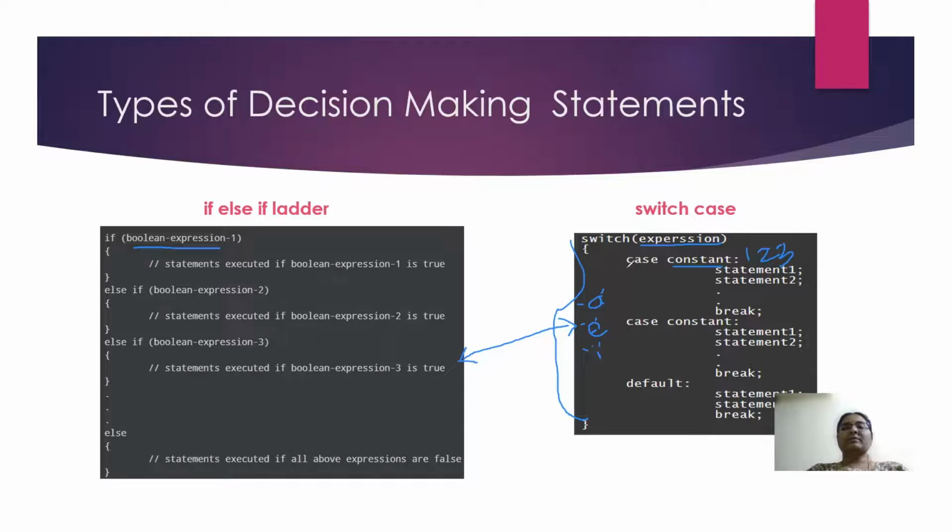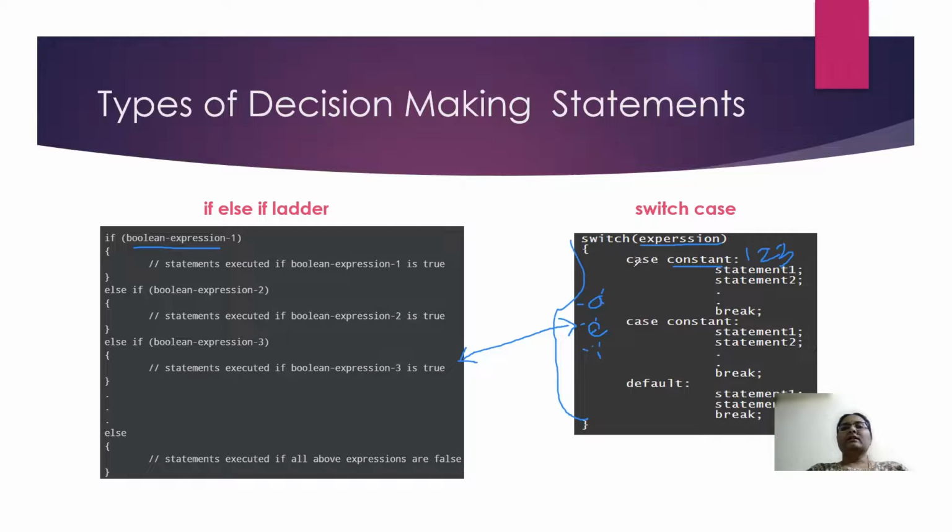Let me tell you another example. If you want to display the day of a particular week, if I give the value as 1, then the day should be displayed as Sunday. If it is 2, then it should be Monday.